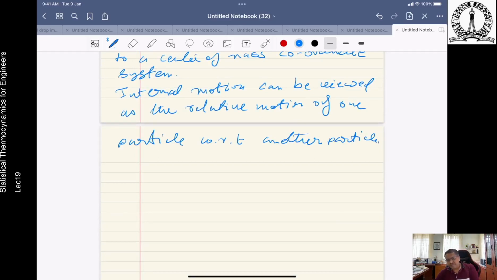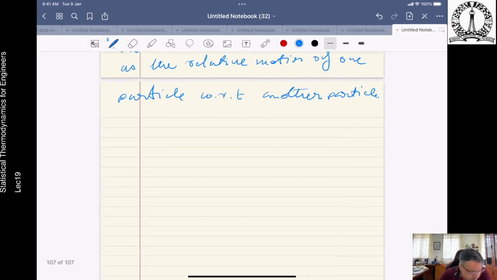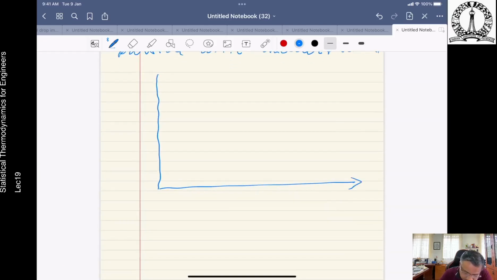Right? So you are sitting on the center of mass right now and you are watching the motion. As a result, the internal motion can be viewed as a relative motion with respect to another particle. Okay.